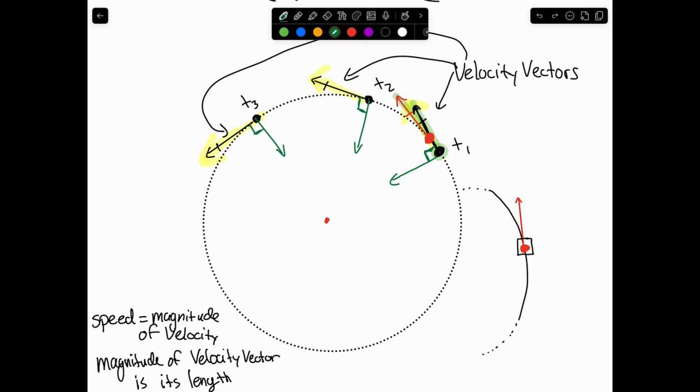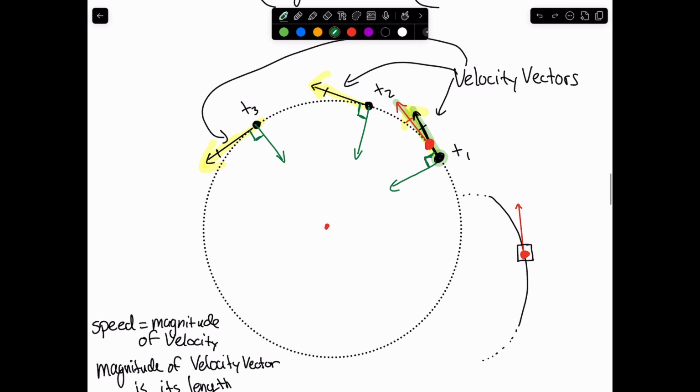Now, acceleration is always a hard concept to wrap your head around, so here's how I like to look at it. Acceleration in its direction, if you're looking at it visually, is nudging the velocity in a different direction. So let's look at t1. This original black t1 vector is pointing up and to the left a little bit.